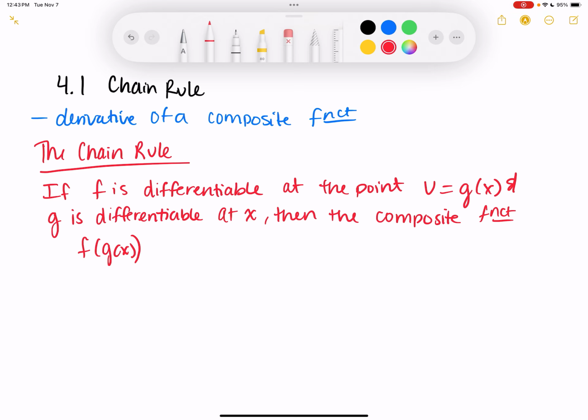And remember, sometimes the book will write it like this, where it's f o g of x is differentiable at x, and f of g of x.